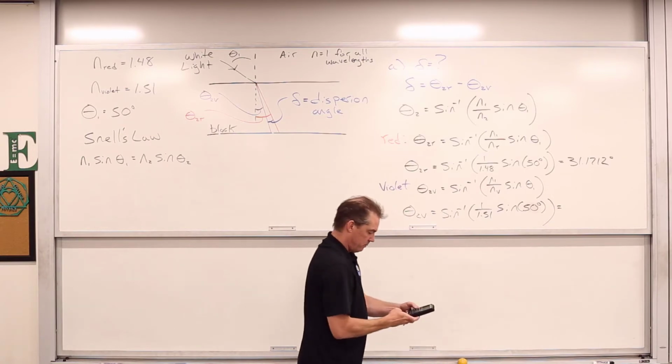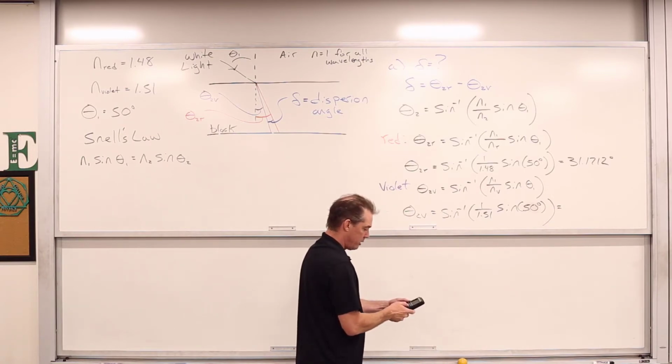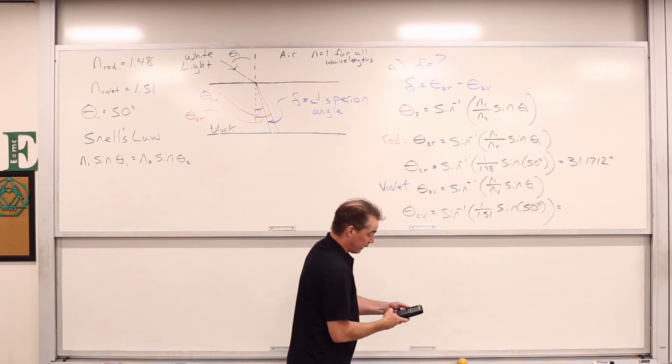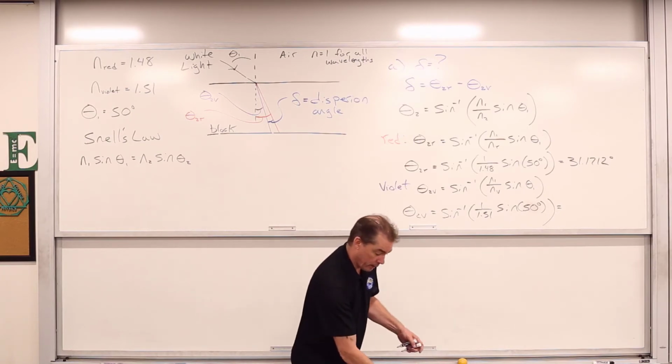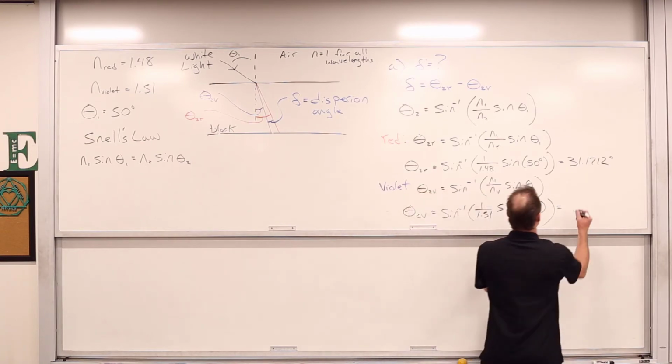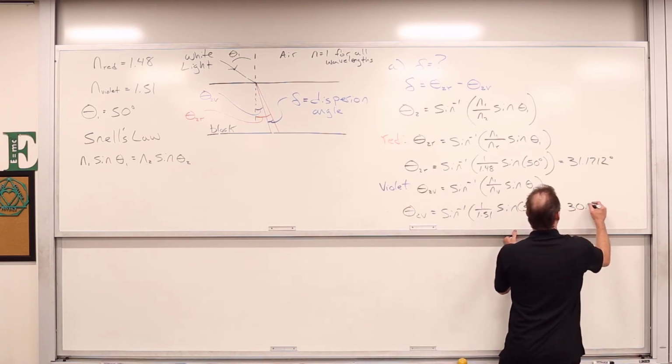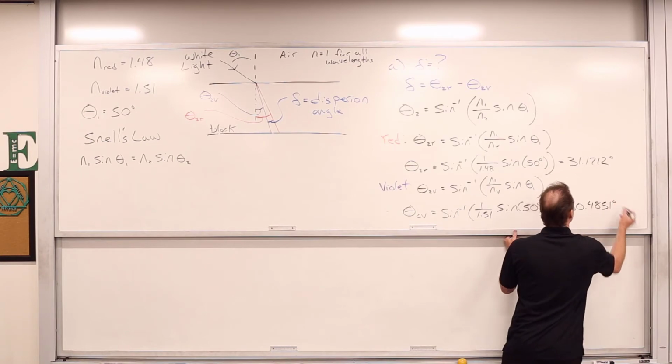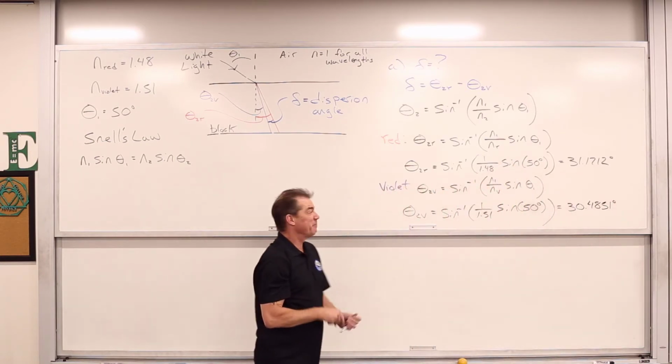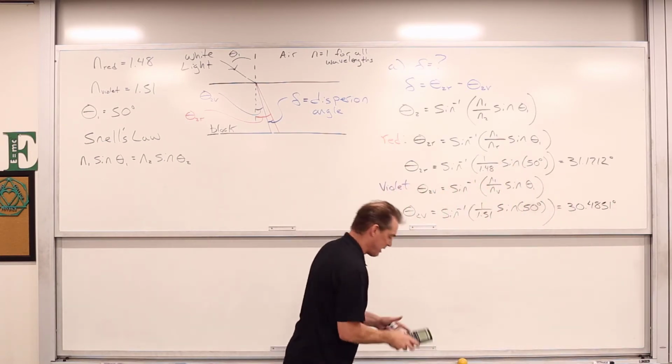And we get 30.4851 degrees. Different angles, right? Because of the differing indices of refraction.